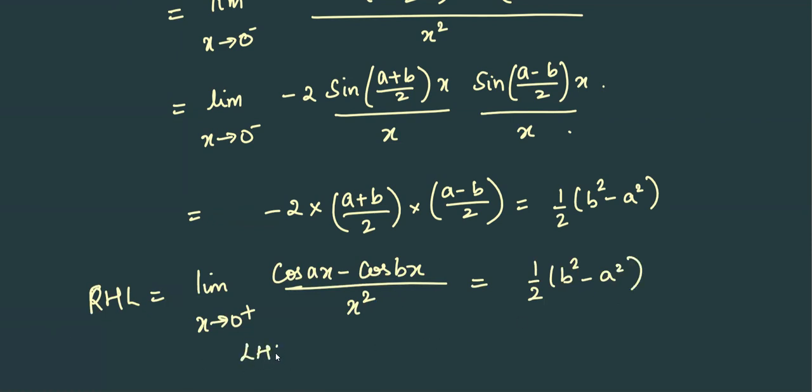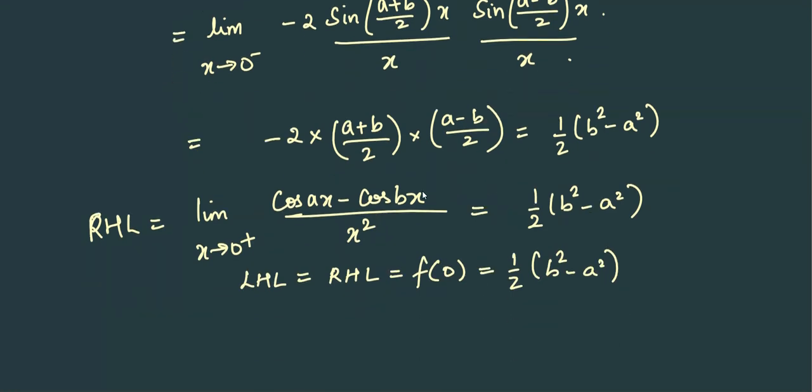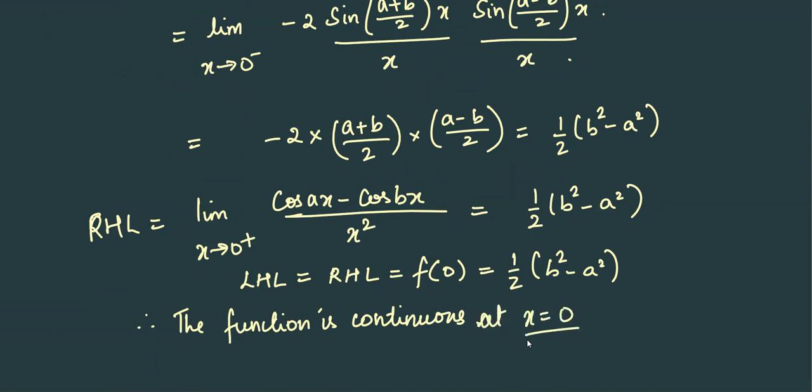So the left hand limit is equal to the right hand limit is equal to the function value at 0, which is half (b square minus a square). Therefore, the function is continuous at x equal to 0.